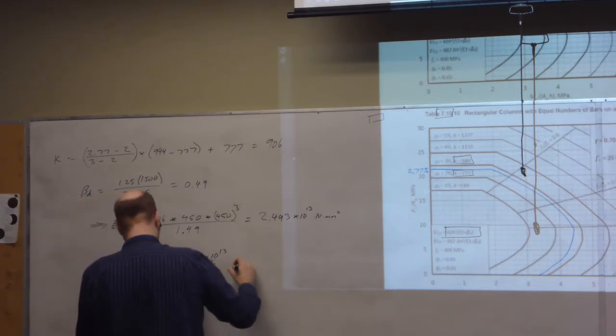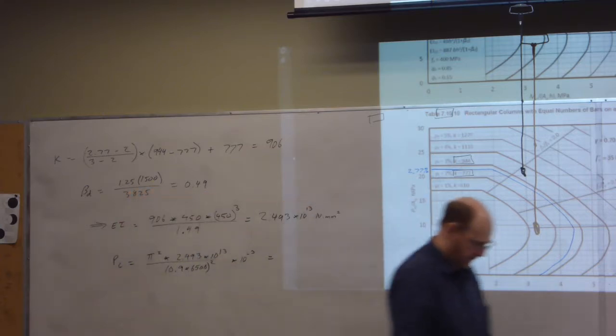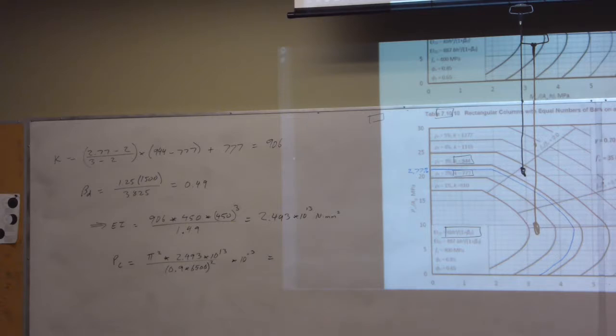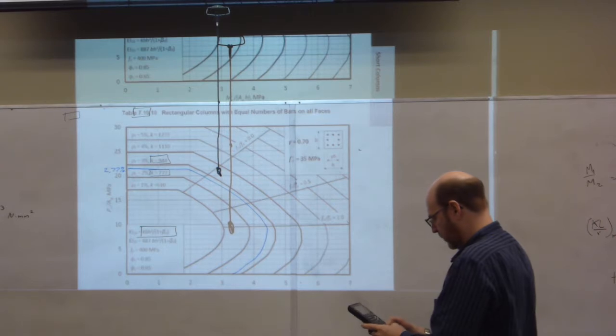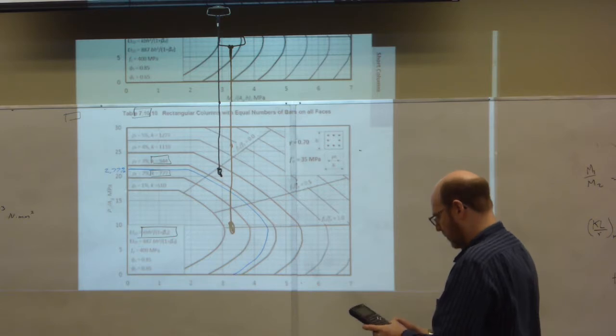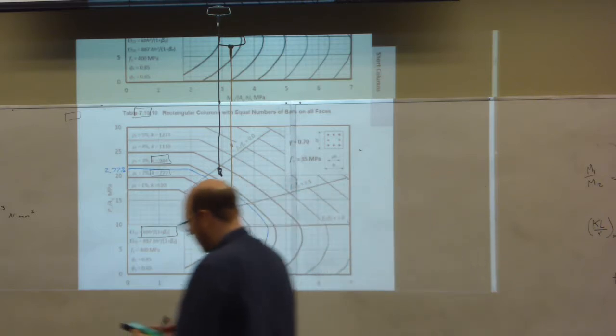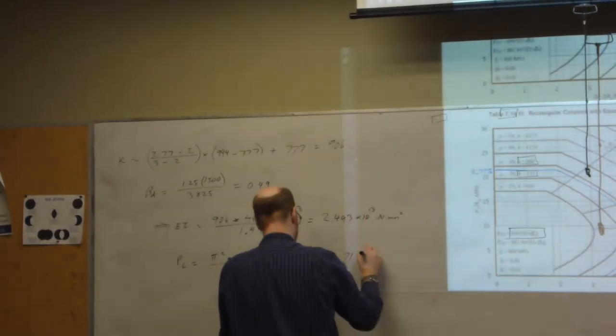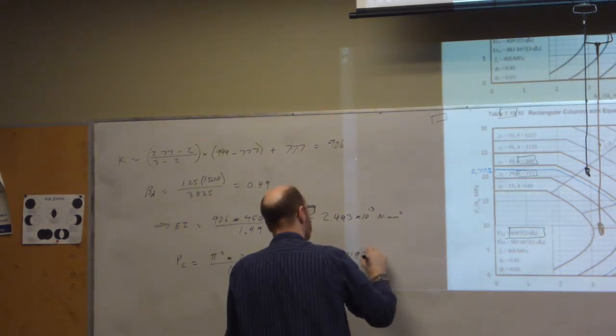So I'm going to put in a unit conversion factor and multiply by 10 to the minus 3 to turn that into kilonewtons. And we get 718,790 kilonewtons.